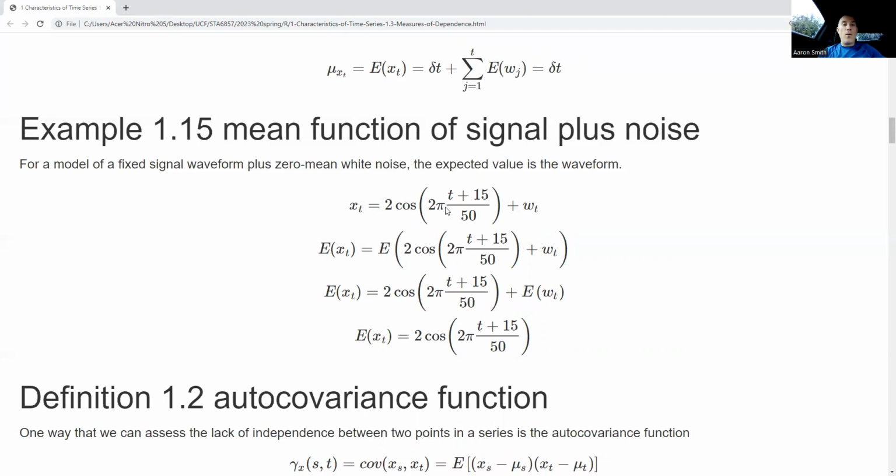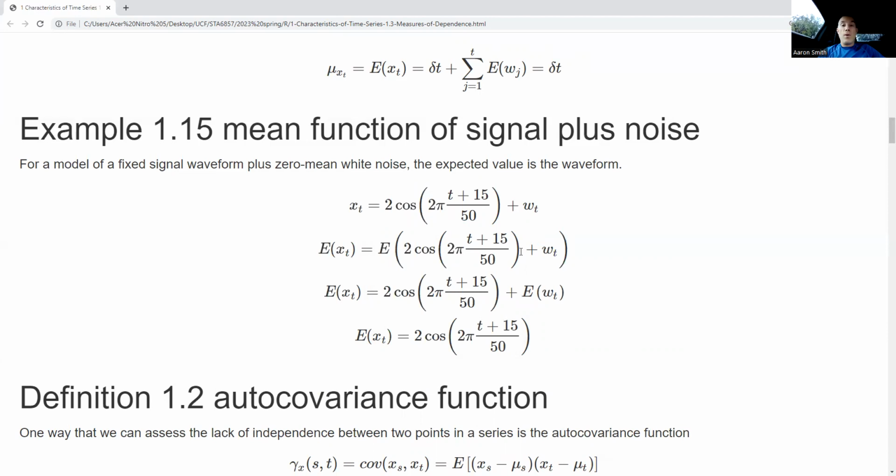All right, so now I'm going to take the expected value. So I'm going to drop this whole thing in. So when I compute the expected value of my time series, I take the expected value of the whole thing. Well, you'll notice that this is not random. That is constant with respect to time. So once I know what time is, it's a fixed value.